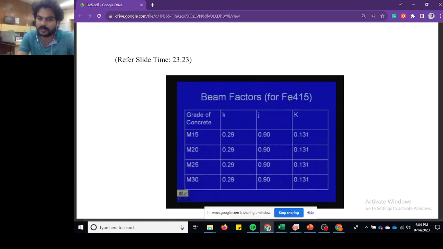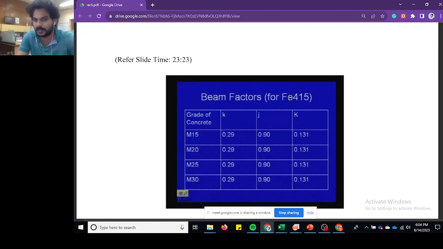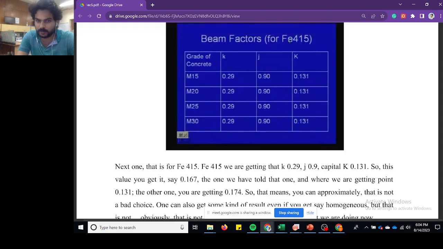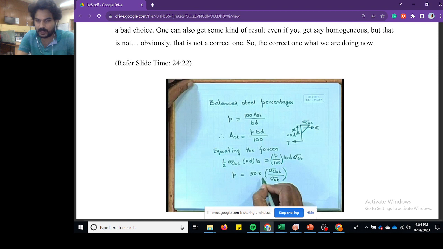So the solved examples will clear out all the doubts. We'll go directly to the solved examples. For the steel, these are the K, J, R values. These K, J and R values have to be calculated, or we have to take from the IS codes. So for the balanced steel percentage, P is equal to 100 AST by BD.